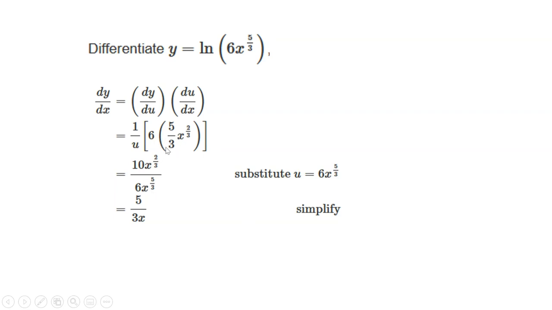If we multiply this out, this is what you're going to get when you reduce it down. 2 times 5 is 10. And then you have the same base, so you're supposed to be able to subtract your exponents. So 2/3 minus 5/3 actually gives you x to the power of minus 1, which means you can put the x at the bottom, and the 5 on top over 3x would therefore be the right answer. So Alexander is good to go.